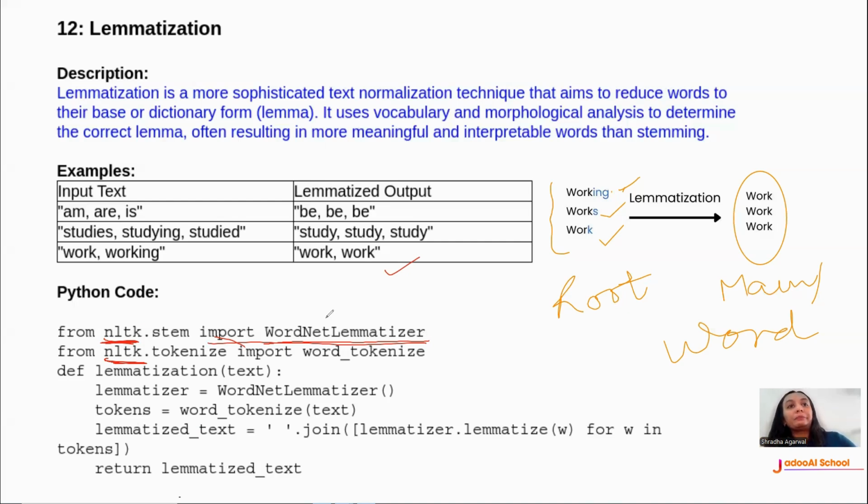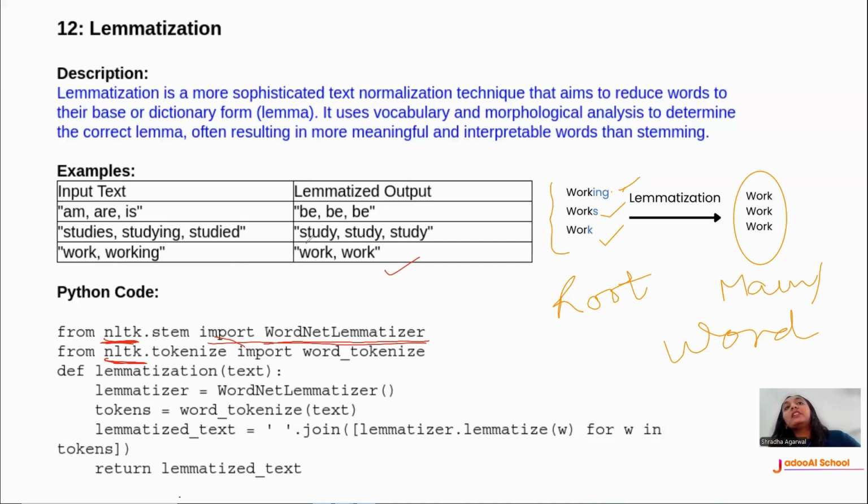So overall, what I wanted to say from this slide is that lemmatization converts your different words to their root word, right? You see that a word can be represented in different forms. This is the English language, right?